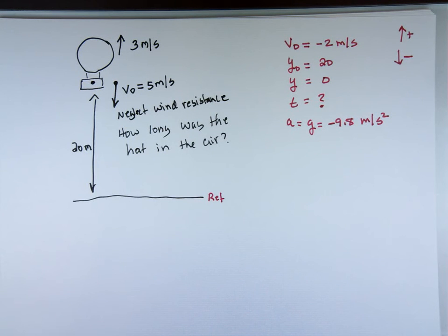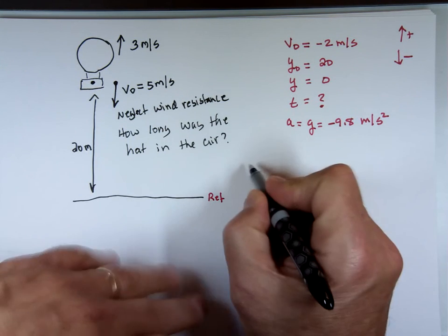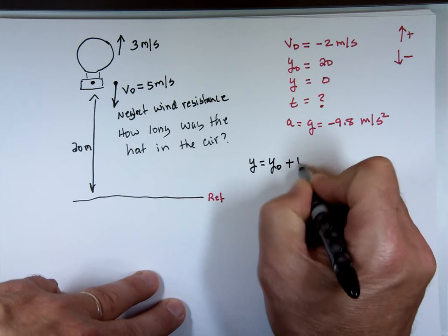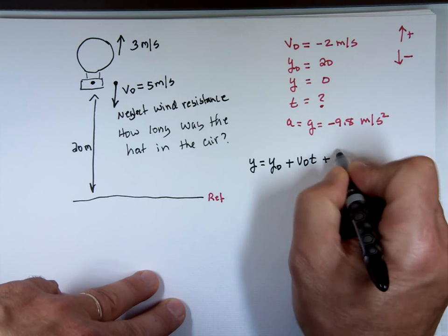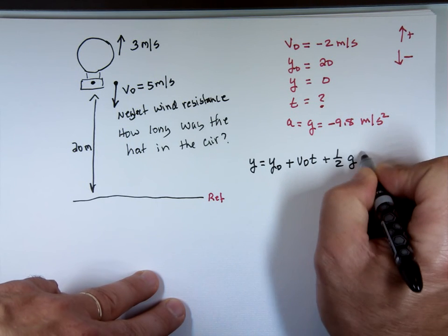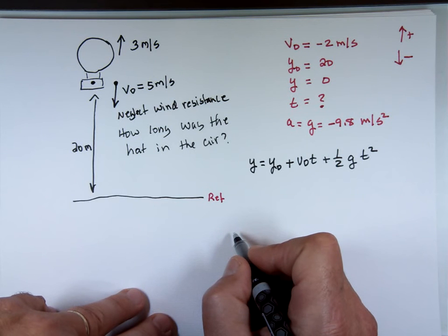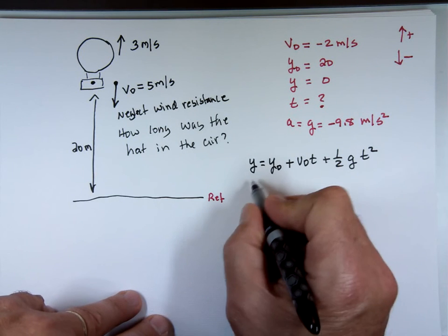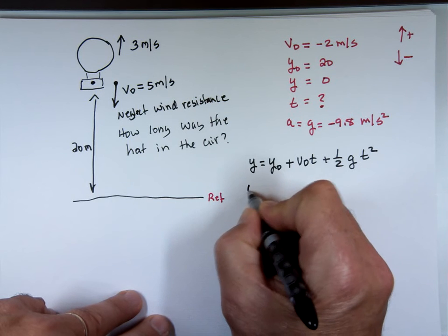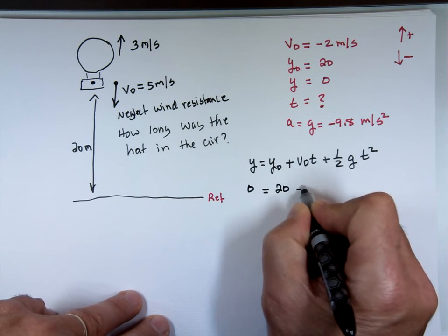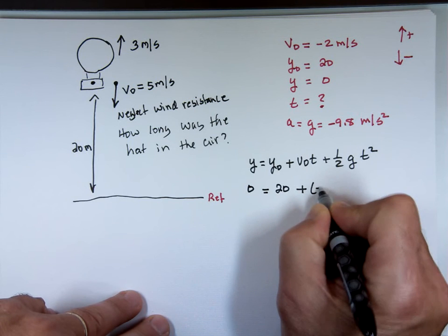I could use y equals y sub 0 plus v0 t plus 1/2 g t squared. Y is what? 0. Y sub 0 is 20. V0, which is negative 2, times t.